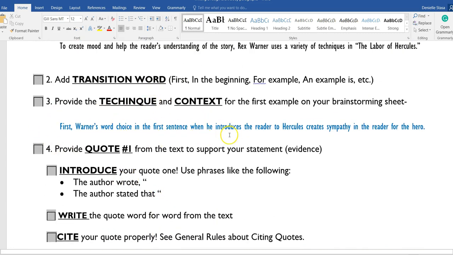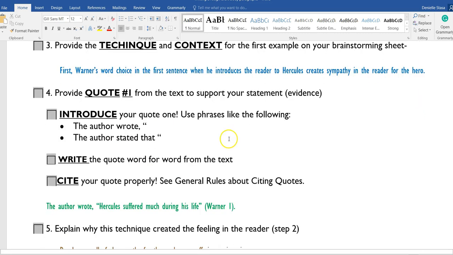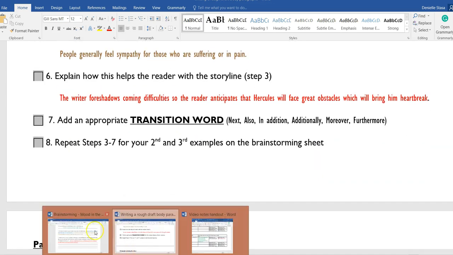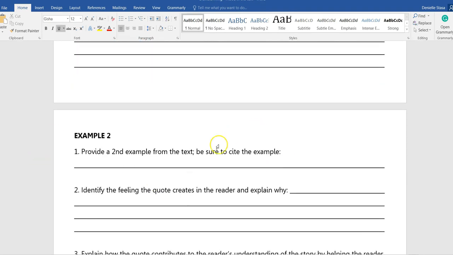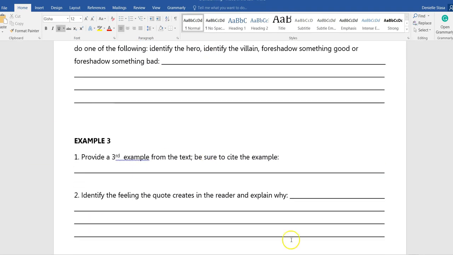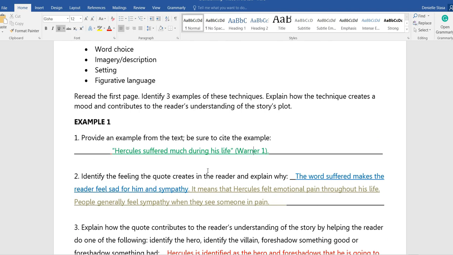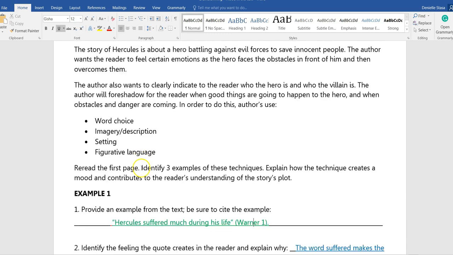The technique and the context for my second example, the quote for my second example, and then again, why did it create the feeling and how does it help us with the story? So those would be on your brainstorming sheet. Your second example where you did the same thing and your third example. They're all going to go into one paragraph. Right? So again, we keep talking about how these paragraphs are starting to have a lot more sentences in them to fully develop them. Okay?